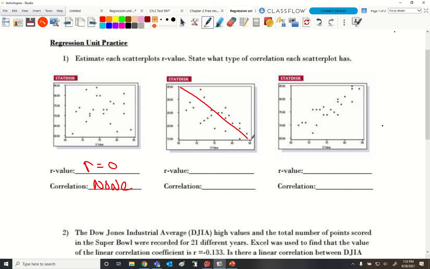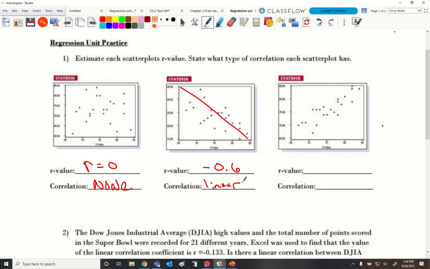Okay, 0.6. But wait, there's more. What direction is it going? Down. So I need to add a negative right there. So the negative R value means that the direction of this correlation is going down. So this one is linear.